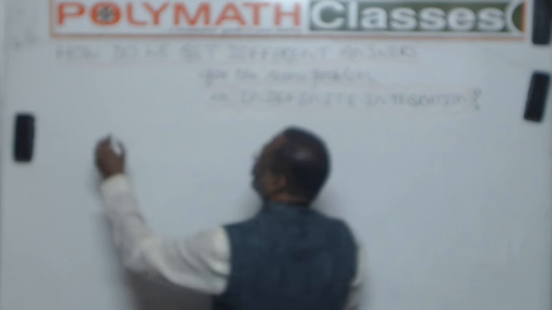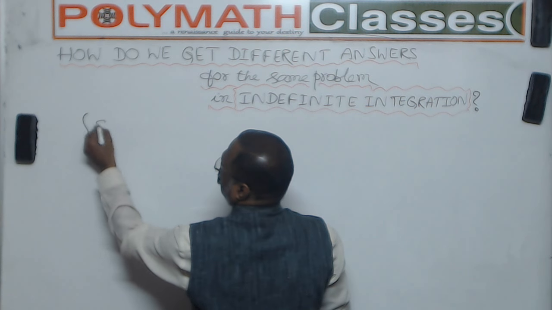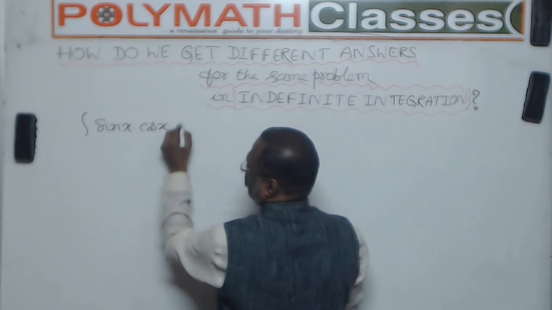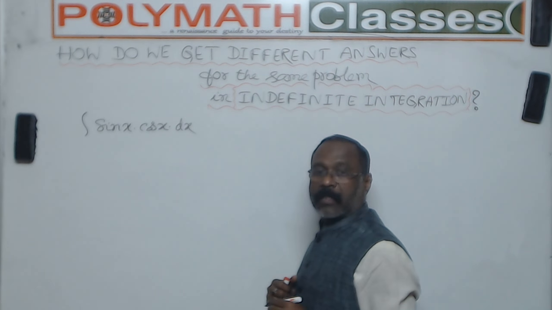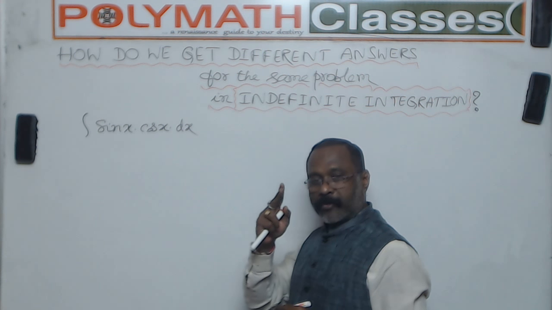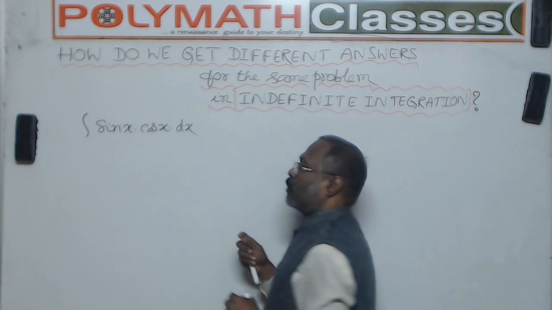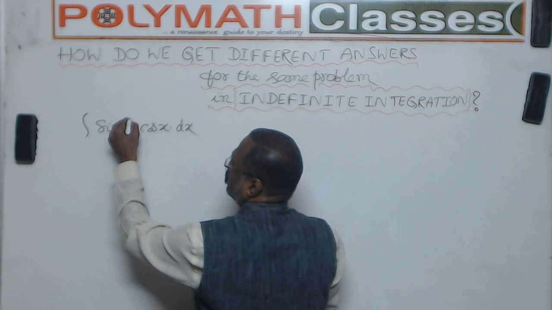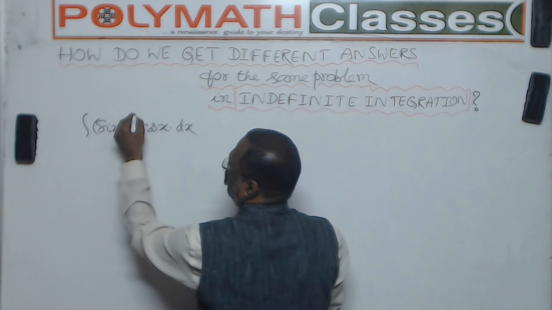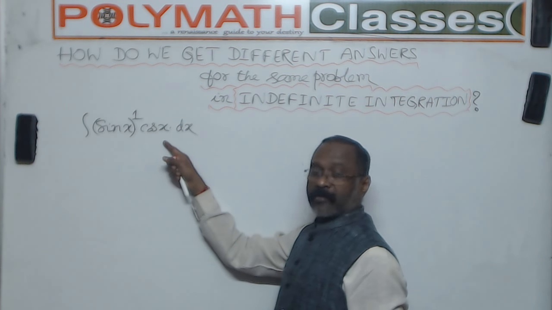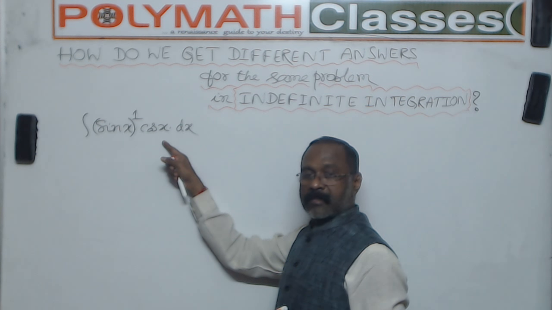If you take the integral of sin x into cos x dx, we will work out this problem in two different methods. This is sin x whole power 1 into the derivative of sin x, which is cos x.